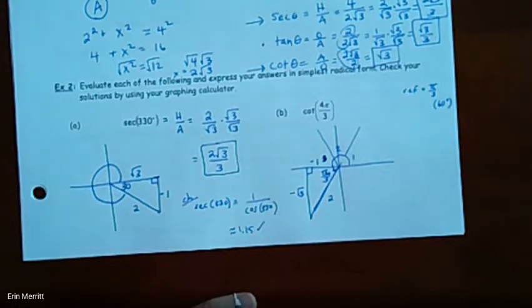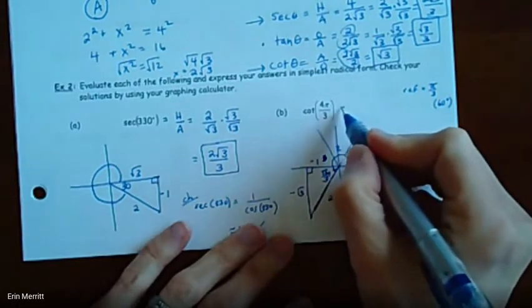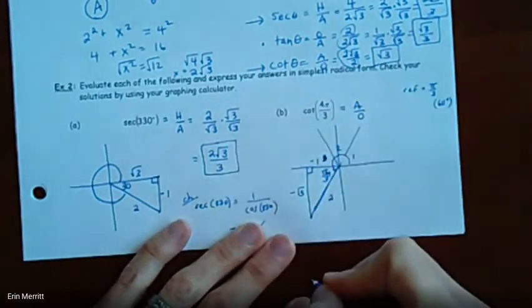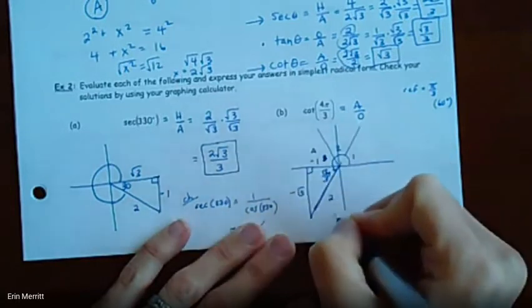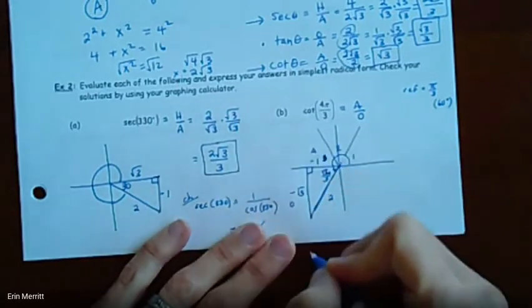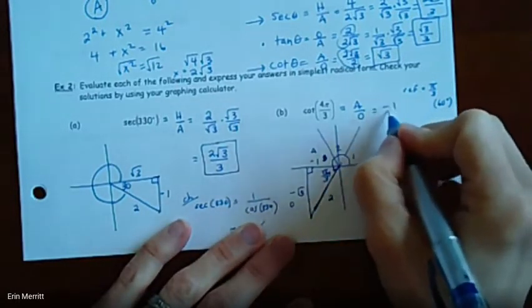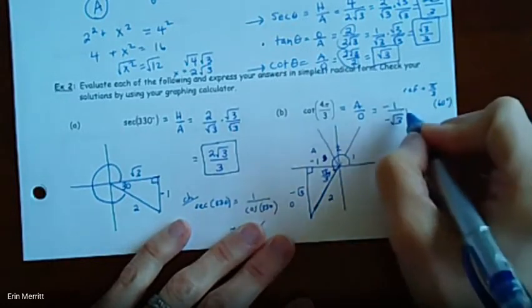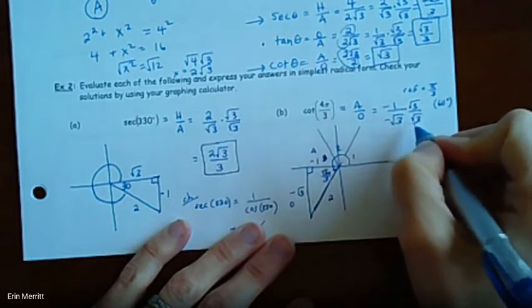All right. Now comes in the new stuff. Cotangent. That's the AO. So when you do adjacent over the opposite, you are going to get negative 1 over negative radical 3, and then you'll rationalize it. So multiply by radical 3 over radical 3.